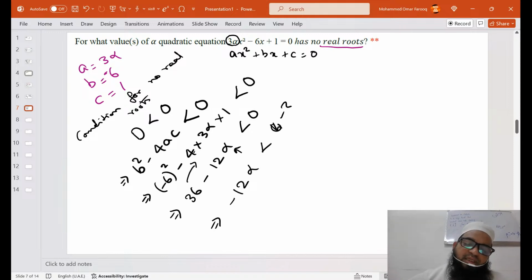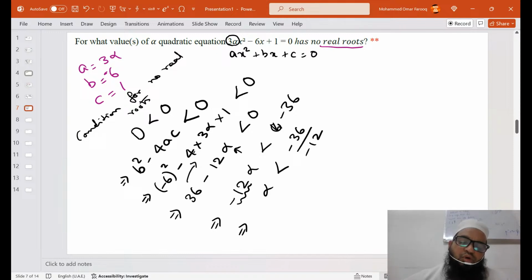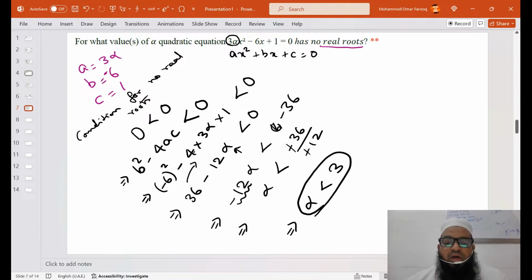Now transpose minus 12, which is in multiplication, so when I transpose, it goes to division. So alpha is less than, minus gets cancelled, 12 ones are 12, 12 twos are 24, 12 threes are 36. So in order to have no real roots, alpha should be less than 3.